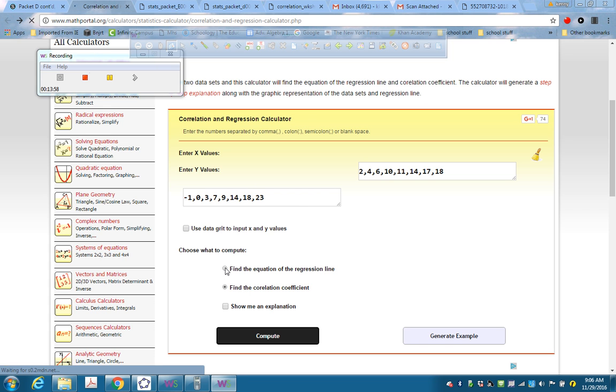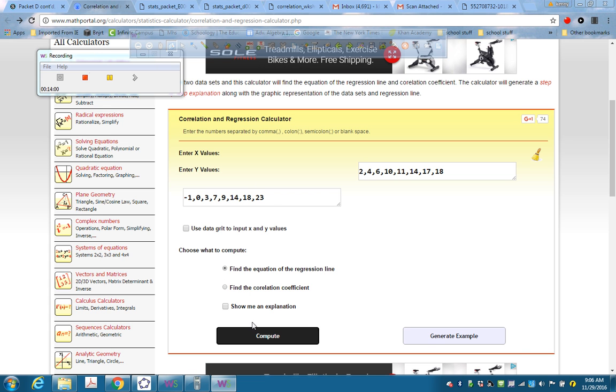You can find the equation of the regression line. And so we saw that complicated equation for the regression line where you have to do the sum of the x, y's, and sum of the x's, and you have to use that formula. But we're just going to click on this. You can hit show me an explanation if you want to see all the data.